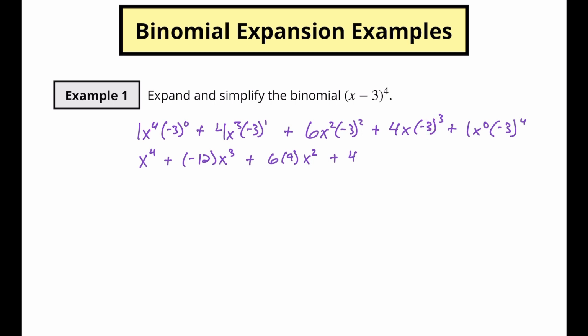Negative 3 cubed is negative 27, and that's times x. And then finally, x to the 0, that goes away. Negative 3 to the fourth power is 81.